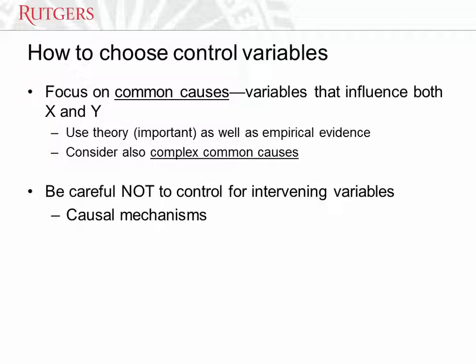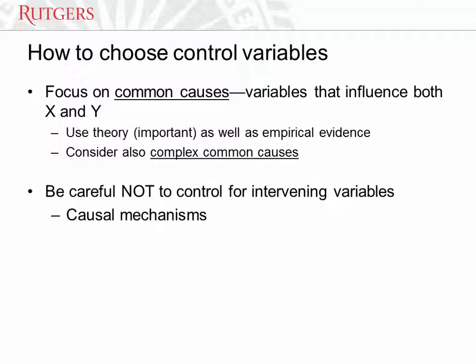The notion of a common cause can sometimes be a little confusing, because things may not directly cause X but be associated with X. So the districts that have charter schools may have, let's say, larger class sizes. It could be that larger class sizes lead to frustration on the part of parents, and that leads to the creation of charter schools. But there can be some complex common causes that nevertheless need to be accounted for.